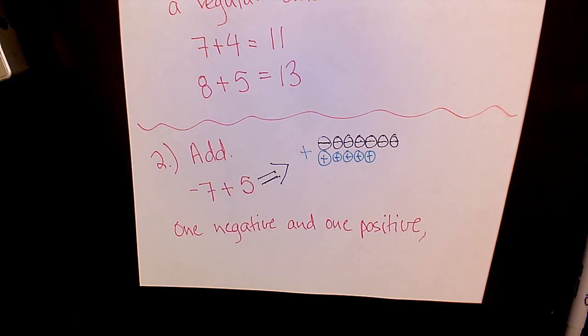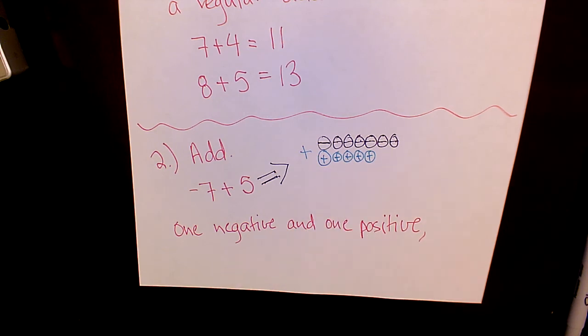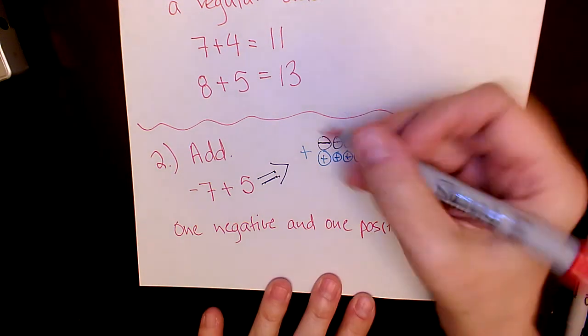What happens when a negative and a positive charge come together? If I have a negative 1 and a positive 1, what happens? It comes out to 0. If I'm adding opposites, like a negative 2 and a positive 2, or a negative 1 and a positive 1, opposites will cancel each other out, and they will go to 0.